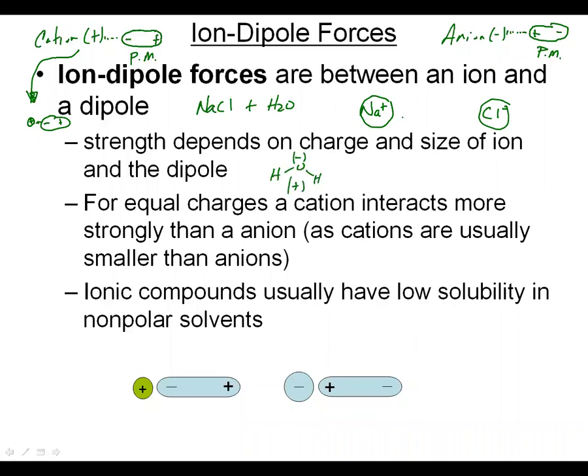The negative side of water is attracted to our positive cation, while the positive side of water is attracted to the negative anion. This is what helps something like sodium chloride dissolve in water. All those water molecules surround the ions, allowing them to sort of disappear, in quotes. They don't actually disappear; they just get mixed up in the water network. It also prevents the ions from coming back together.